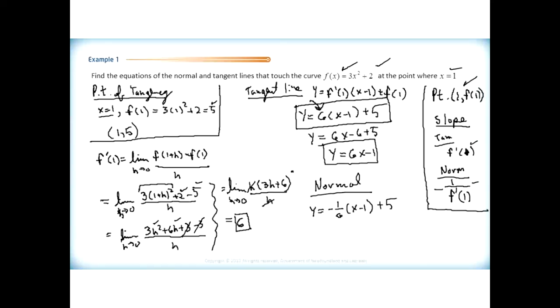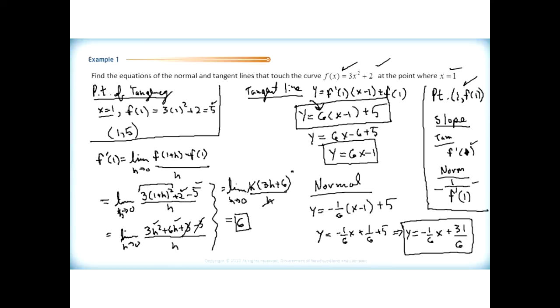I would accept that answer left that way, but if you want to be a little more concise, minus 1/6 of x plus 1/6 plus 5, and if you want to write that with a common denominator, you could have y equals minus 1/6 of x, and then 1/6 plus 30/6 is 31 over 6. So you could write it that way. So everything has a nice denominator of 6, but there's the equation of your normal line.